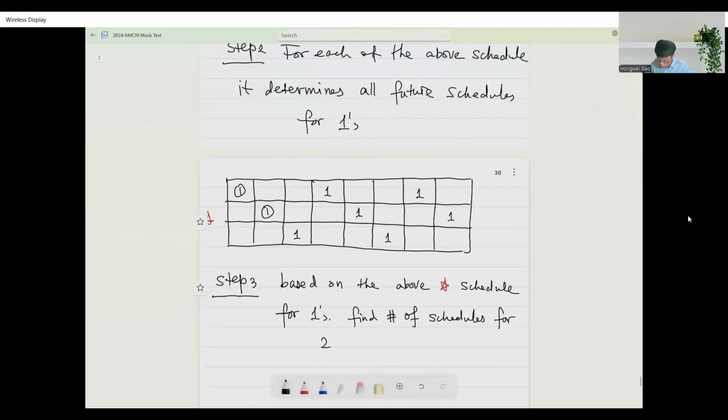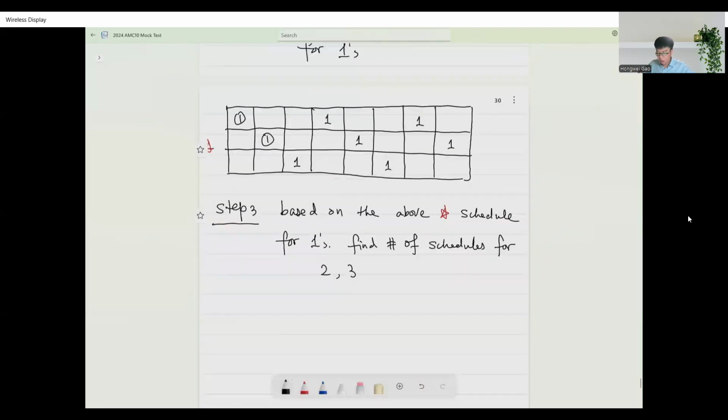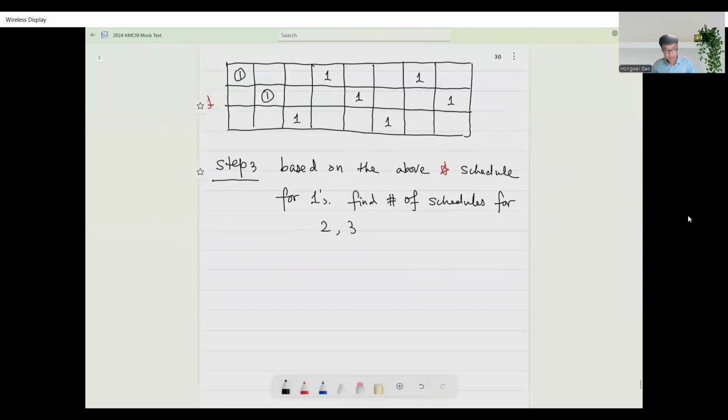For 2 and 3, here we apply the idea of recurrence relation.